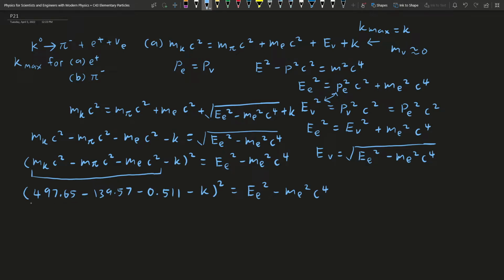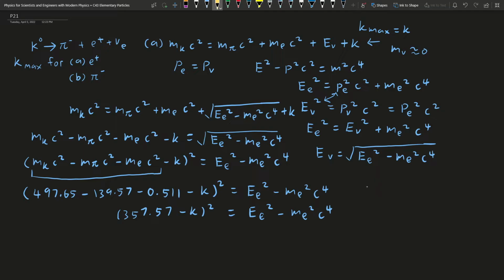If you solve this part, you get 357.57 minus K, squared, equals E_e² minus m_e²c⁴.